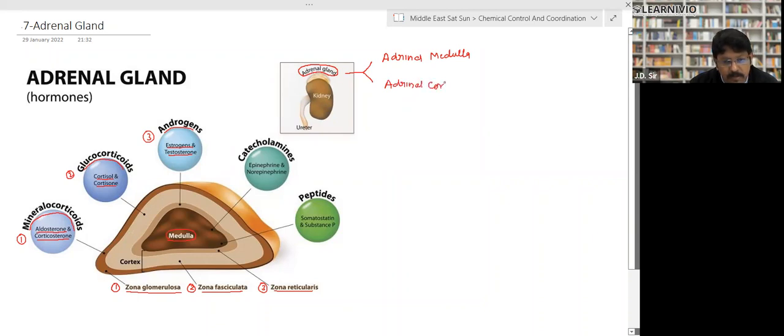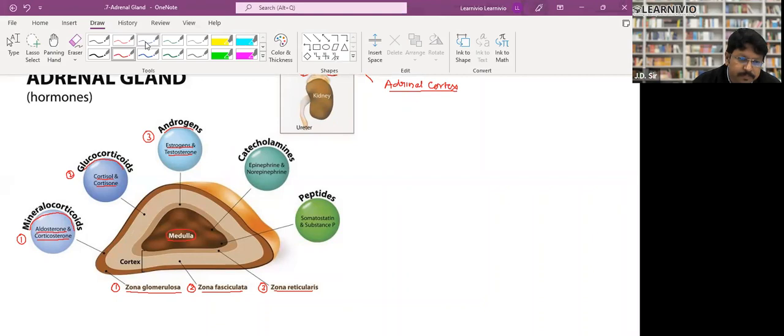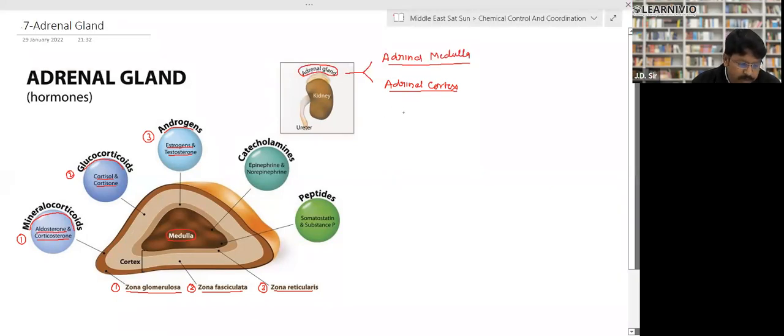Out of this adrenal medulla and adrenal cortex, the adrenal cortex is made up of three layers. The first one is called zona glomerulosa, right?